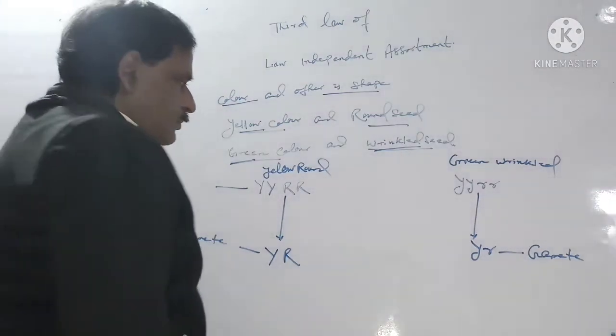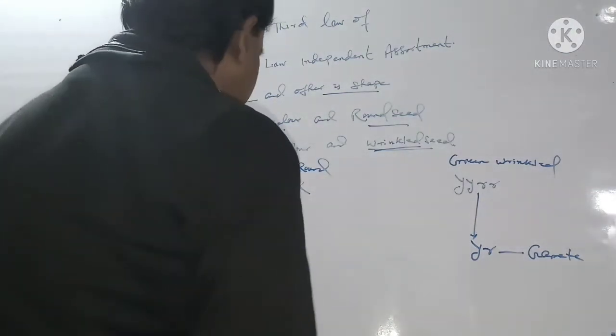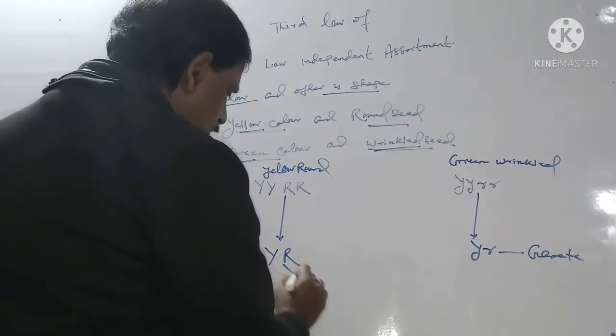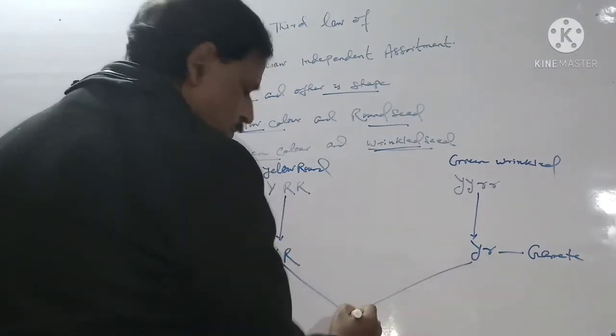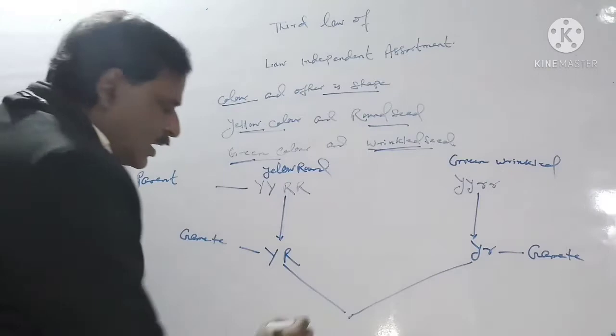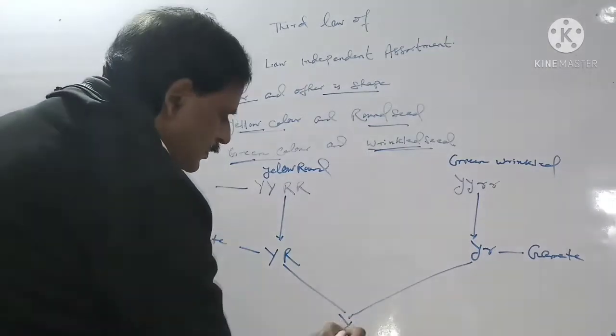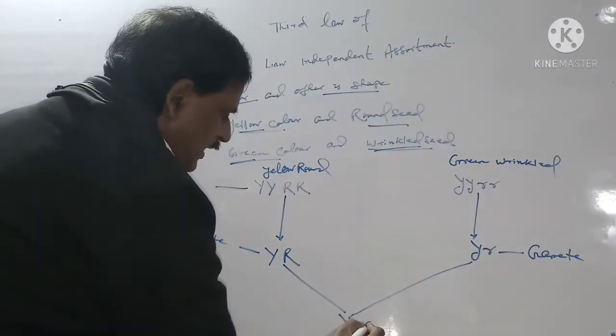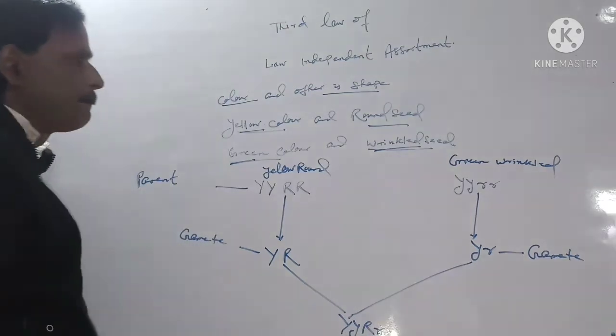Now we cross yellow round and green wrinkle. Capital Y, small y, capital R, small r.